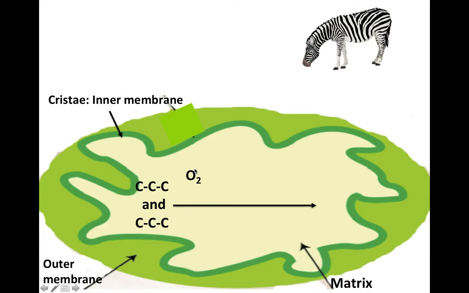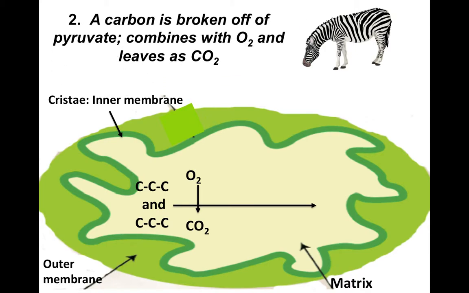And what's going to happen is that it's going to combine with one of the carbons from pyruvate. It's hard to show on this, so this is a trickier animation. Basically one of these carbons from pyruvate is going to break off, combine with this oxygen, and leave as CO2. So you've got an O2 coming in, you break off a carbon, and it leaves as carbon dioxide.